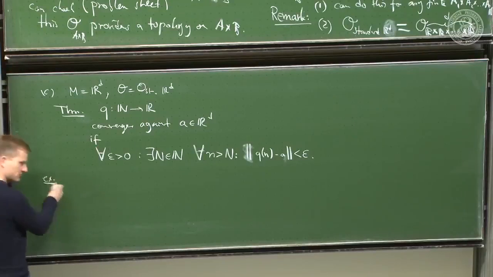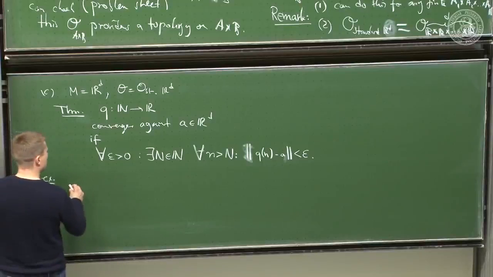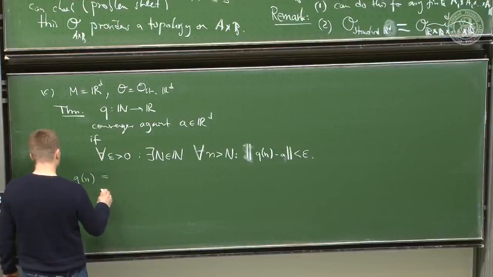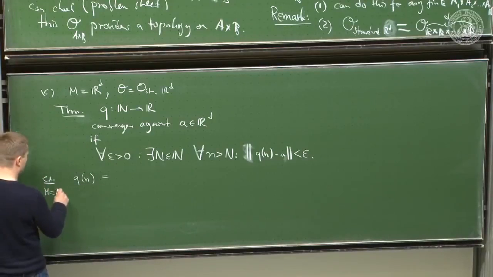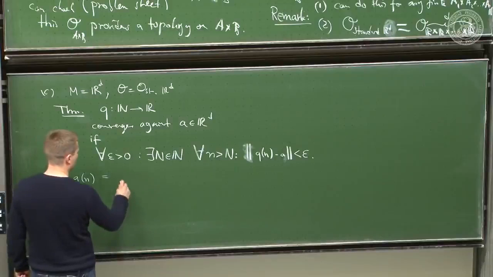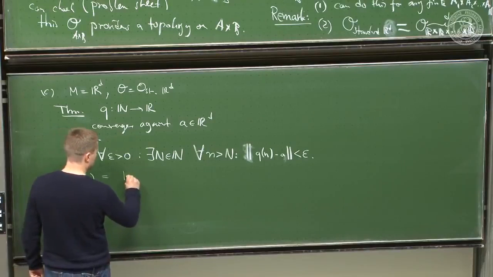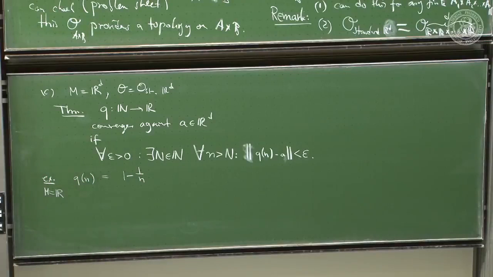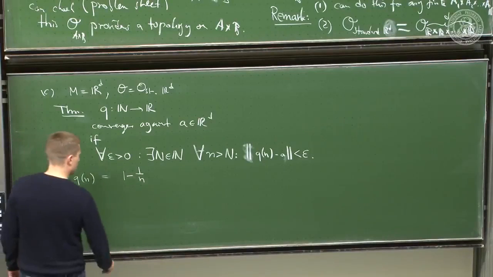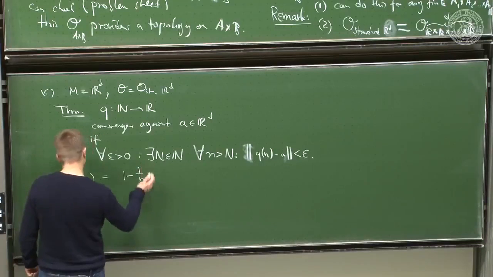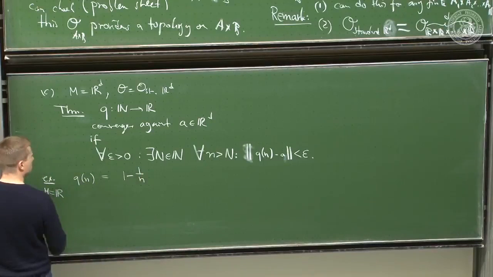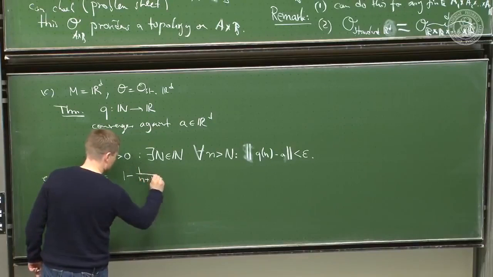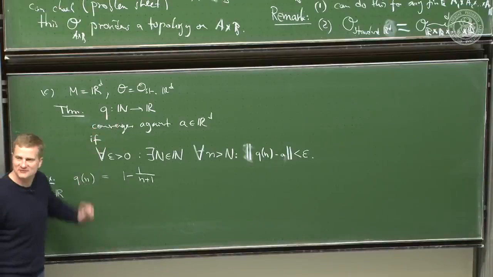Okay, example. So I choose the example according to that. You could have a sequence Q of n given. So M equals R, so d equals 1. Q of n is 1 minus 1 over n. How does that look? N with 0, and you start here from n, okay, n plus 1, something like this, so you don't run into trouble with the 0 here.